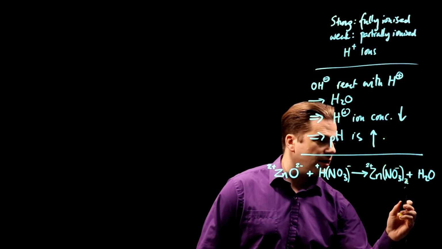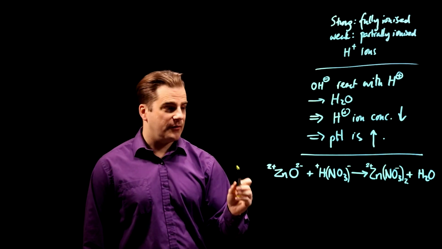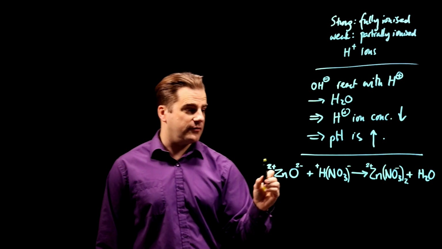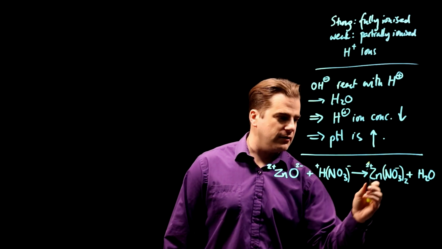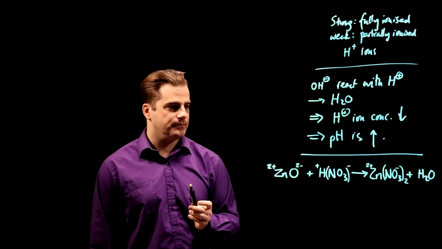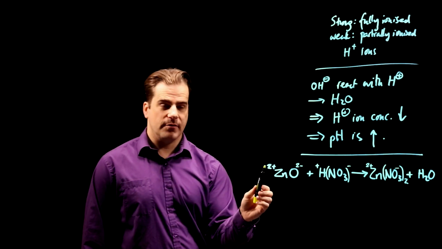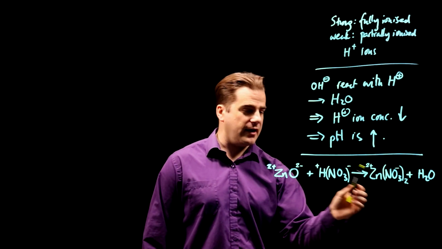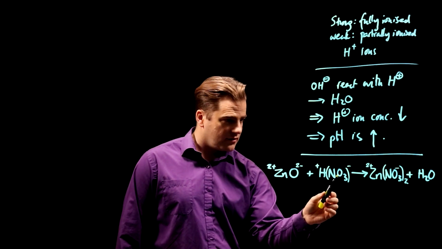So now we've got the right number of little numbers. Okay? Now we have to balance it and make sure we have the right number of big numbers. The right number of, in other words, the whole thing. The big number tells you how many of the whole thing there are. Right. So, start from the left. 1 zinc here, 1 zinc there. That's fine. 1 oxygen there, 3 oxygens there.